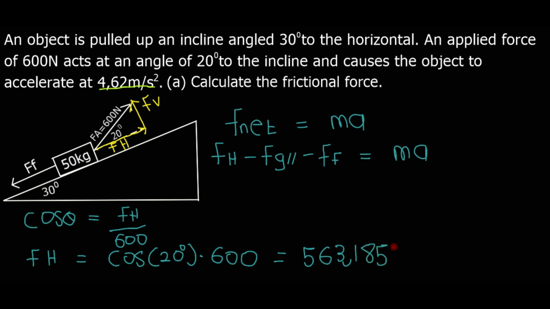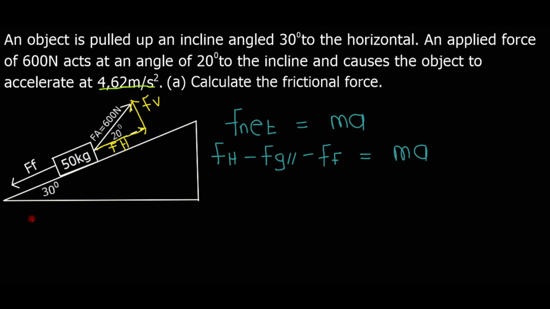So now because we have F horizontal, we substitute here. Then now we calculate FG parallel. So FG parallel equals mg sin theta.